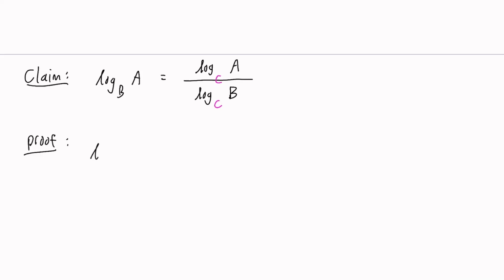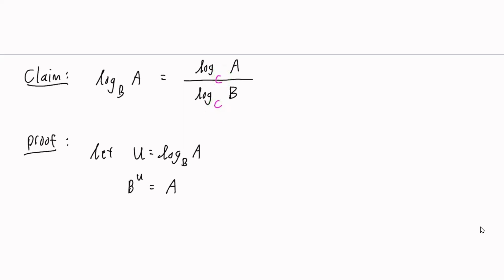We can begin by letting u equal to log a base b. Then by definition, what can we do to the base b? Bring over. What will we get? B power u equals a. Okay, good. So that's my a. Then now what do I want to do? I want to take the logarithm base c, right?